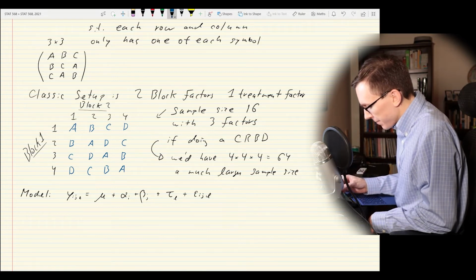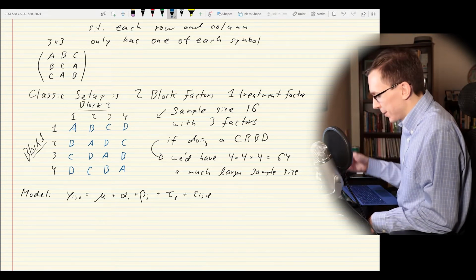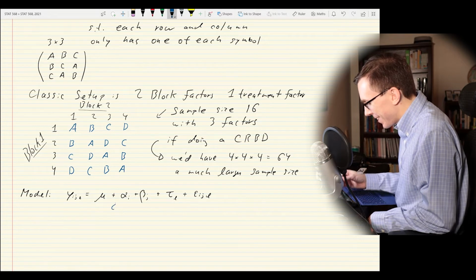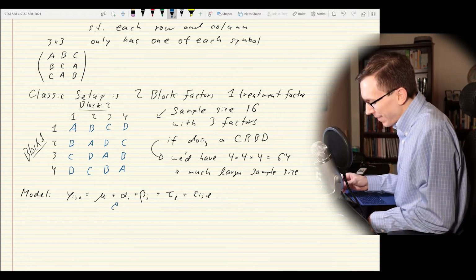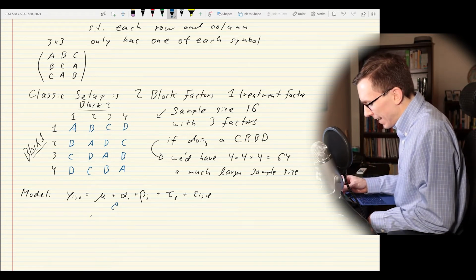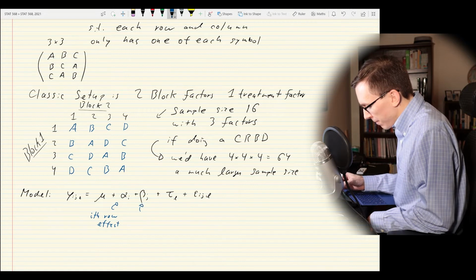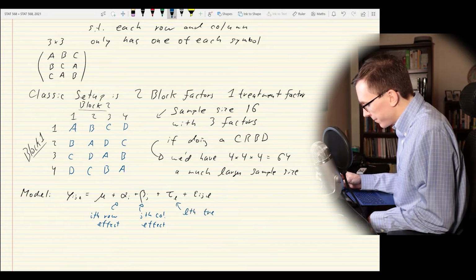So once again, mu is always the global mean. I'm not going to write that again because I wrote that like 10 times already. Alpha_i is the ith row effect. Beta_j is the jth column effect. And tau_l is the lth treatment effect.